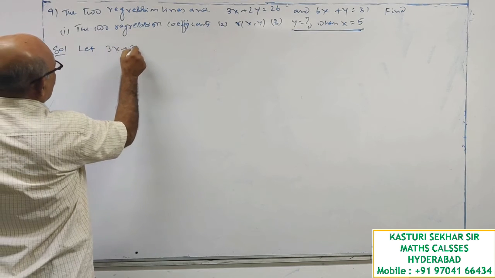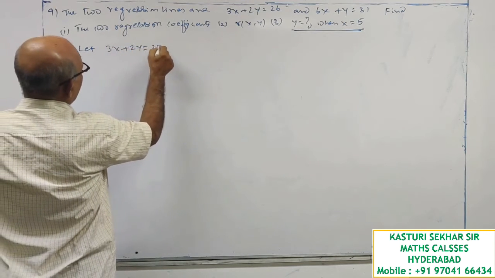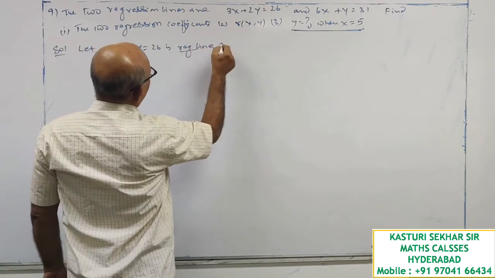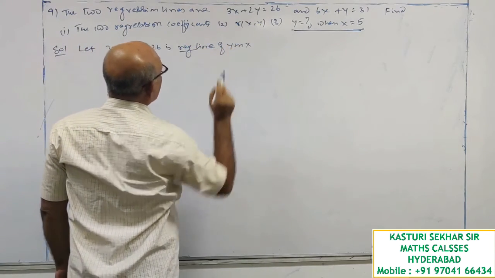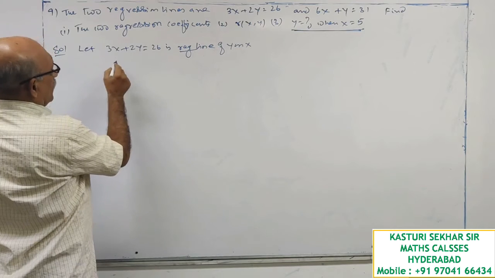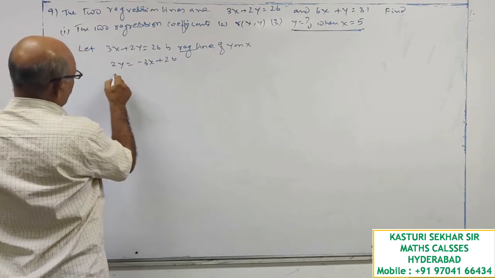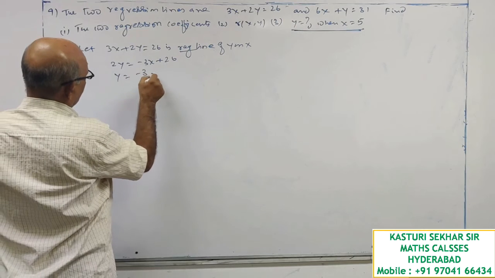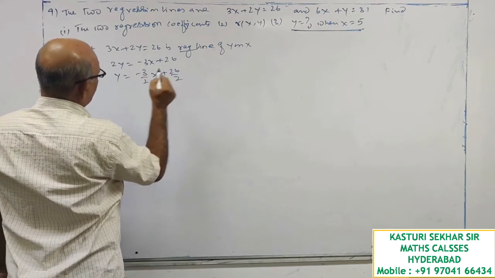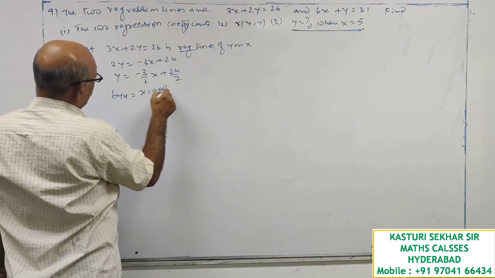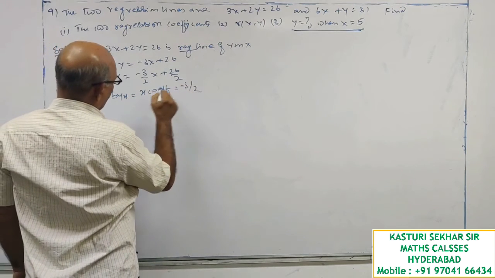Let 3x plus 2y is equal to 26 be the regression line of y on x. So 2y is equal to minus 3x plus 26. So byx is equal to the x coefficient, this is minus 3 by 2.